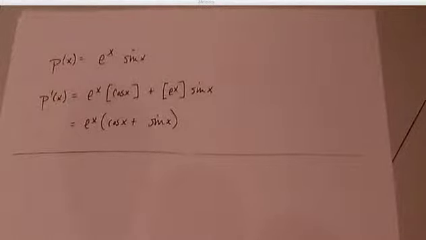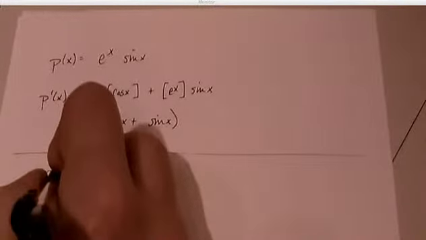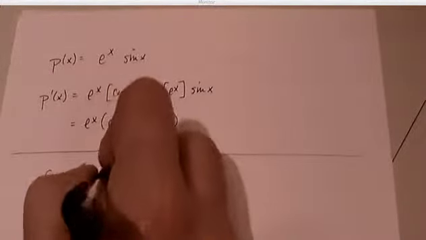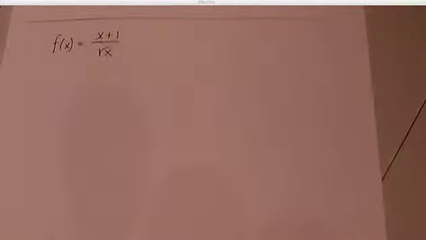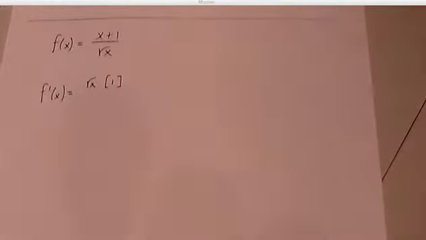How about f of x is equal to x plus 1 over root x. That's a fairly simple one. It should be relatively easy. Let's go ahead and do it by the quotient rule. We have the bottom times the derivative of the top, right?